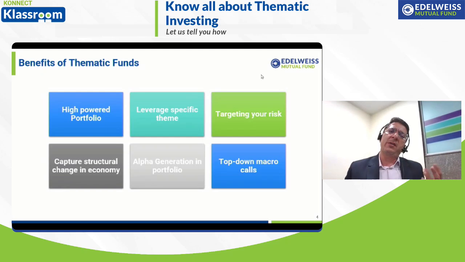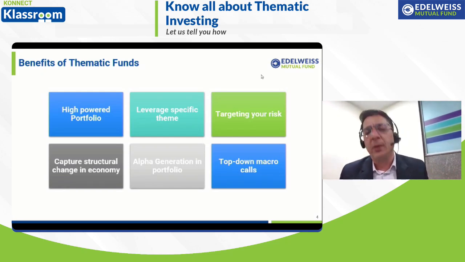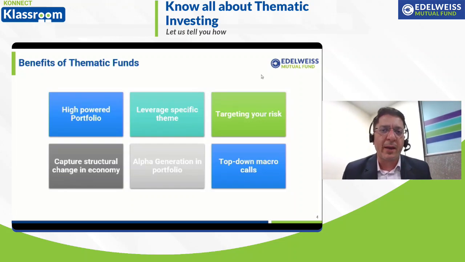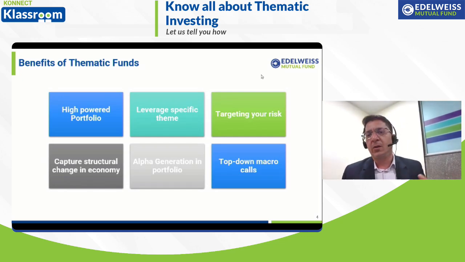And it is capturing the structural change in the economy. And hence, if your theme resonates in that aspect, it generates that kind of interest, it generates that kind of investments, and overall, it works better for the economy and the investors into the theme. So these are the benefits that you can derive if you take thematic exposures.